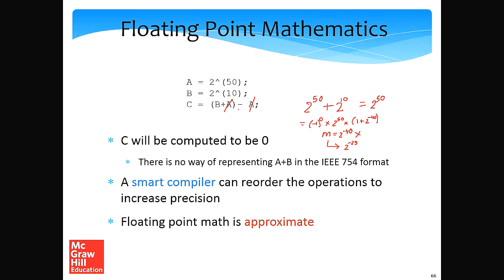But it is very much conceivable that this program, on a lot of programming languages and hardware, would actually produce 0. It would not produce 2 raised to the power 10, which is a non-intuitive result. So programmers need to keep these things in mind while writing programs with floating point numbers, and always keep in mind that it's an inexact, approximate representation.